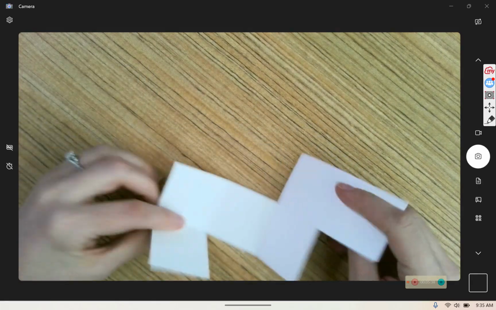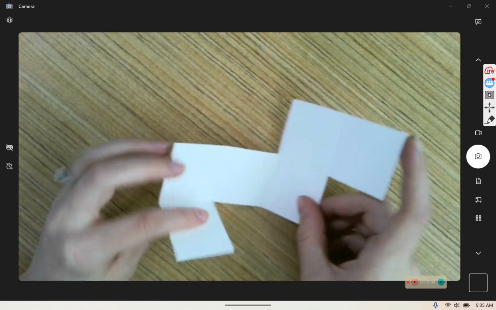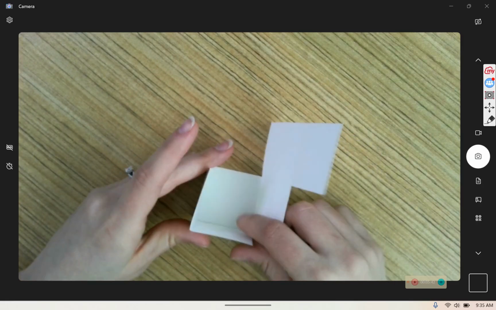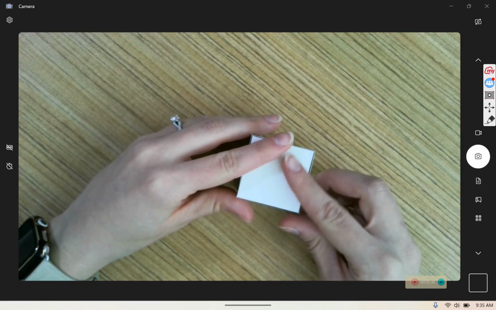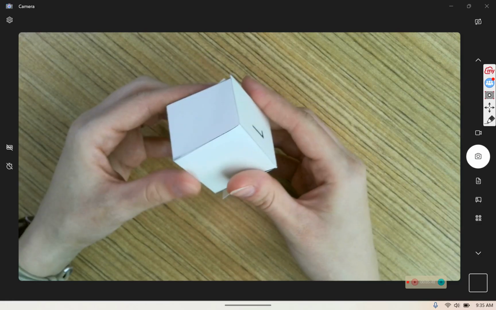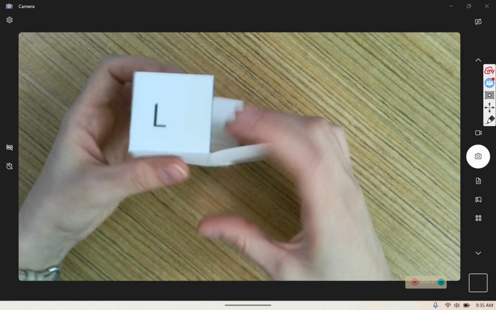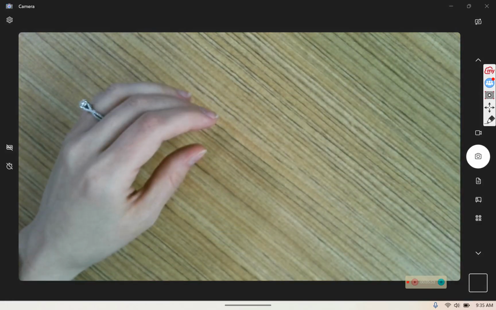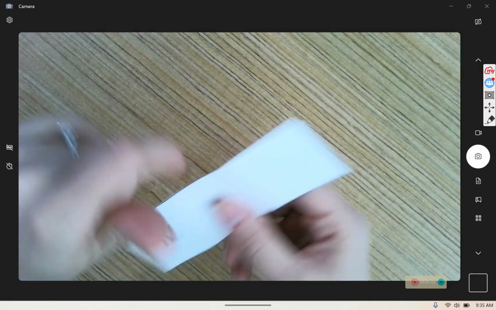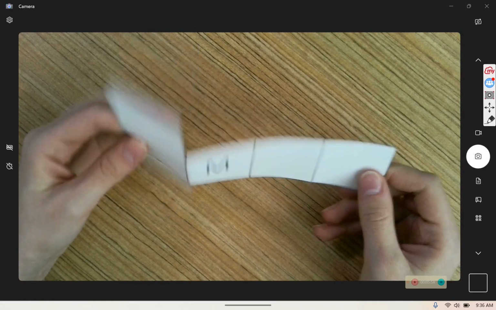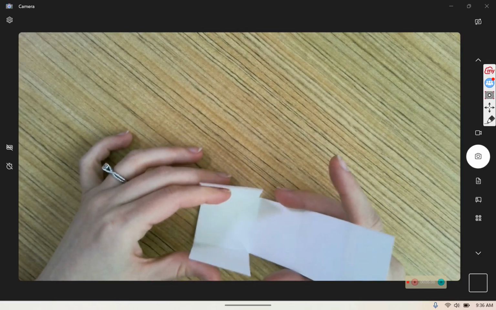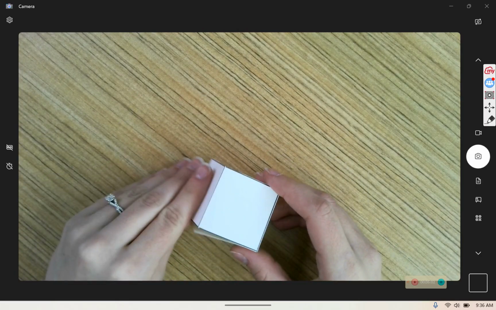L. Yes, all faces fold together to make a cube in L. M. And then we got the top and the left side.